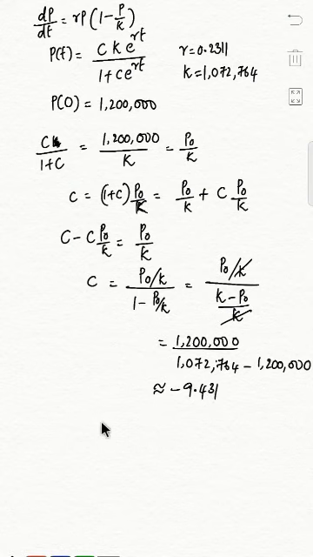Okay, so if we substitute this C in the equation given here, we get another equation for P of t. That's the solution for the fourth one.